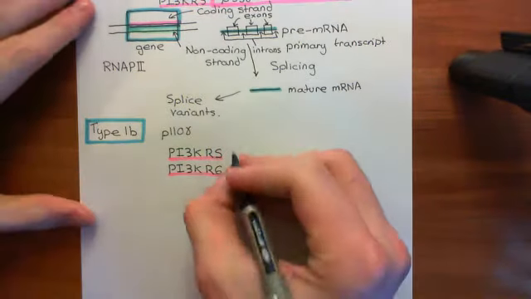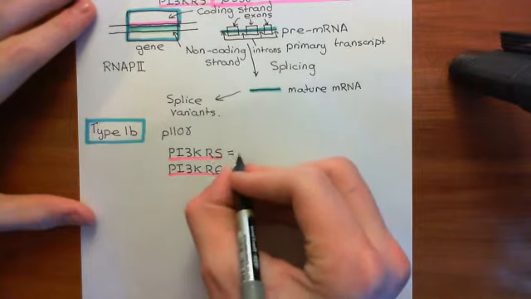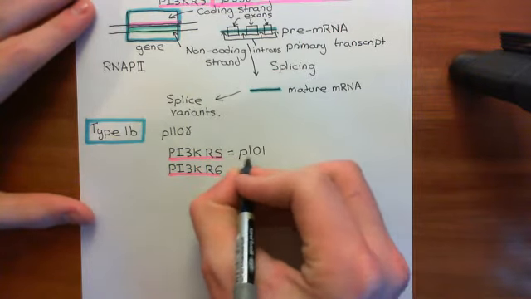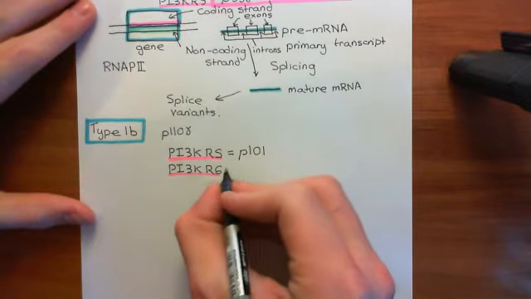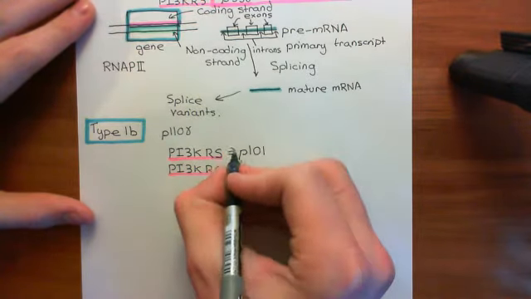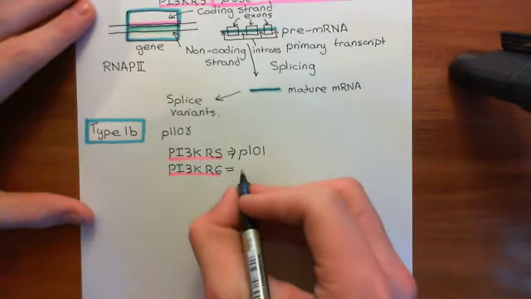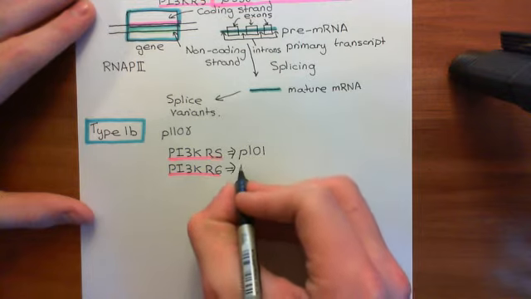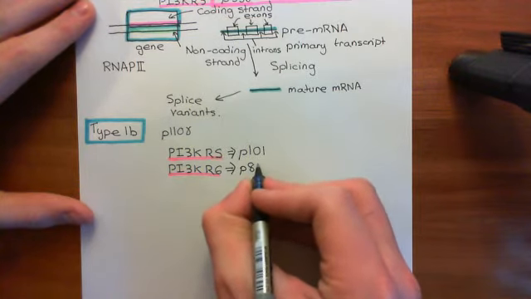Okay, so Pi3-Kinase R5 produces a protein known as P101, again labelled according to its size, and then Pi3-Kinase R6 produces a protein, and I shouldn't say equals, I should have an arrow. Pi3-Kinase R6 then produces a protein known as P84.